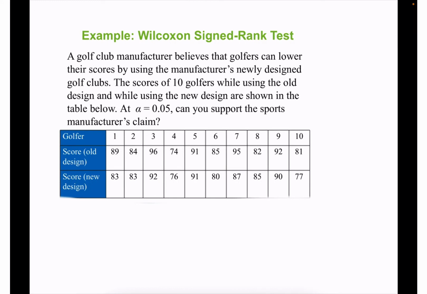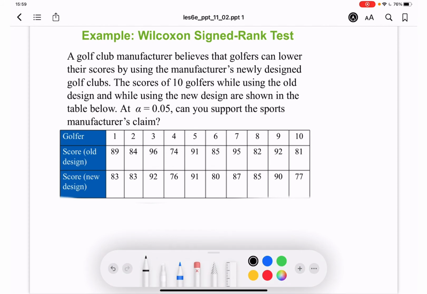Here we go. A golf club manufacturer believes that golfers can lower their scores by using the manufacturer's newly designed golf club. The scores of 10 golfers, from 1 to 10, while using the old design and while using the new design are shown in this table.